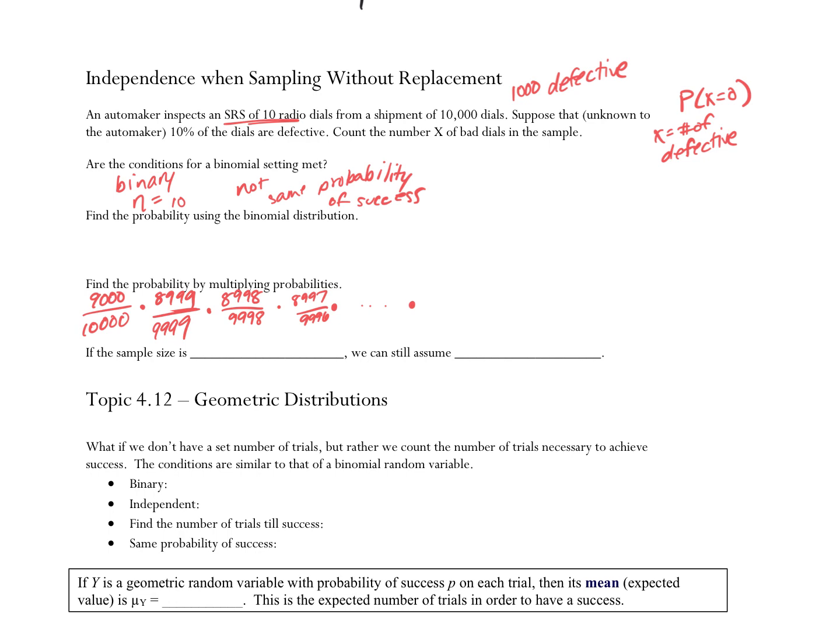And then the last one would be 8,991 over 9,991. You okay with how I'm getting these fractions?